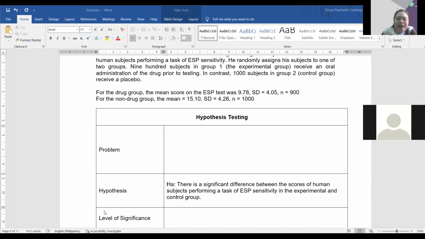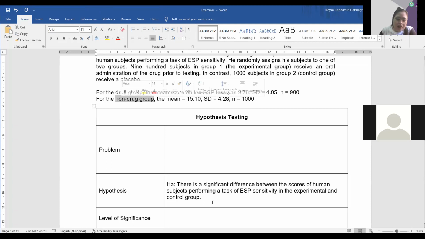Pwede din kung drug group and non-drug group. It's okay. Okay? Kasi dito sa baba, ang ginamit kasi drug group and non-drug group. So, okay lang. As long as I can see the two groups in your hypothesis. Okay? It doesn't matter whether you use group 1, group 2, experimental or control, or drug or non-drug group.